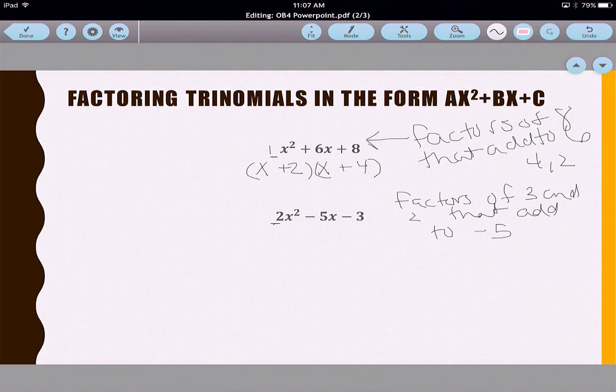So what this means is we still need to set up 2 sets of parentheses, since this is an x squared problem, except this time, when we multiply our first term through, we need to get a 2x squared.